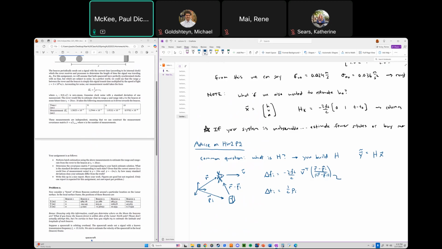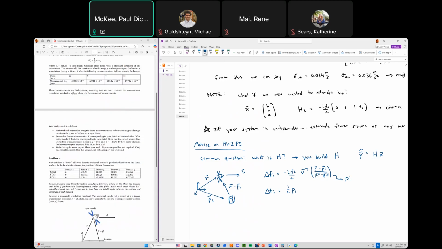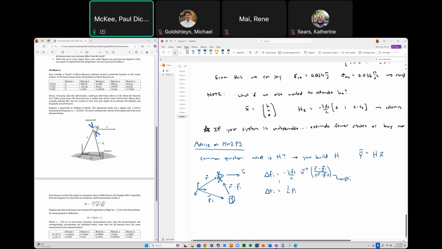This denominator here, the norm of r minus p_i, this range, that's actually rho_i. And remember, I told you that your measurement is not the delta frequency or the delta t. I said that your measurement is delta frequency times delta t. And so what you're going to get is -2 transmission frequency over c squared. This rho cancels with this rho, and you use r minus p_i.